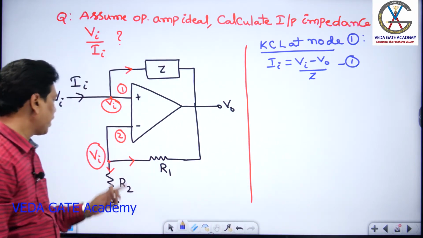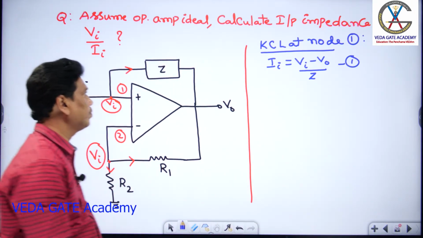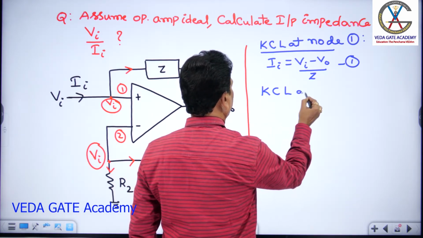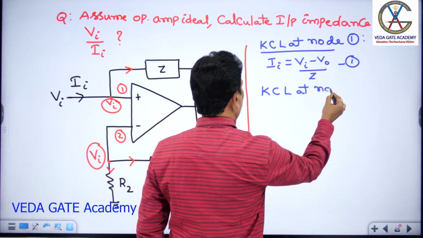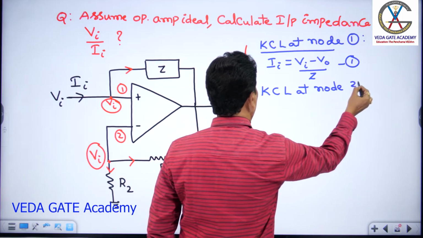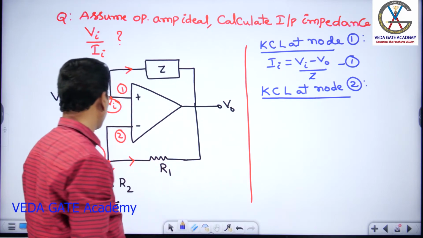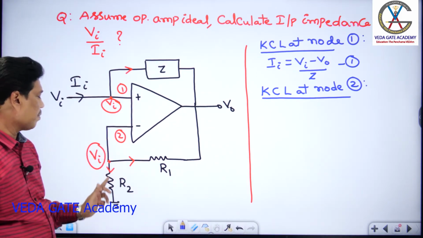Now I apply KCL at another node, node 2. None of the currents is incoming, both are outgoing.